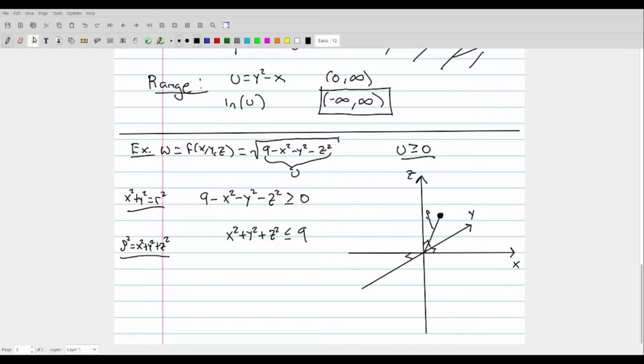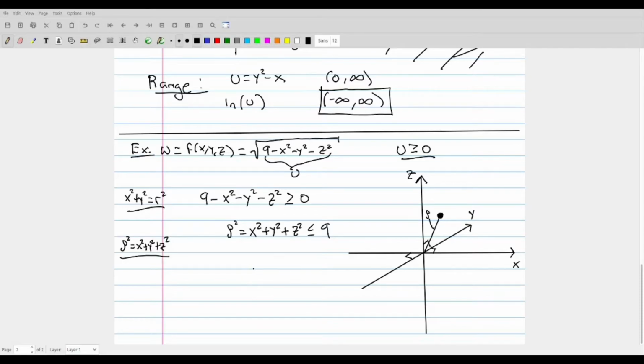So what this inequality right here is saying is that rho squared has to be less than or equal to 9, because rho squared is equal to x squared plus y squared plus z squared.